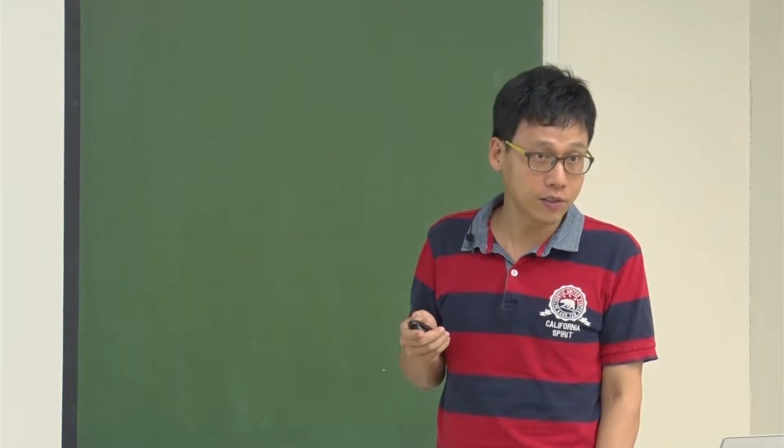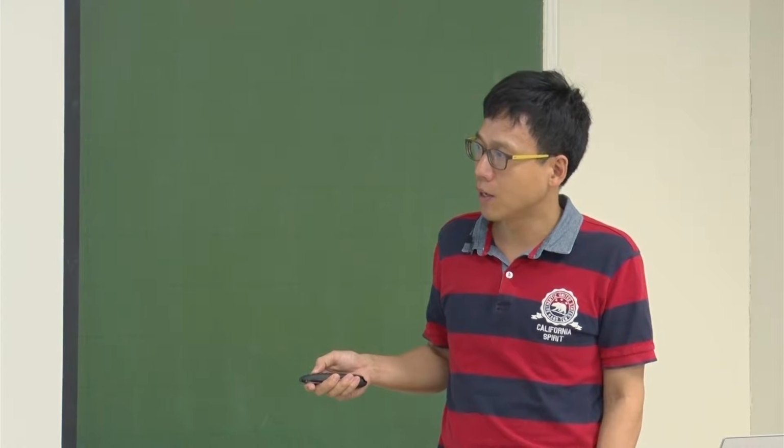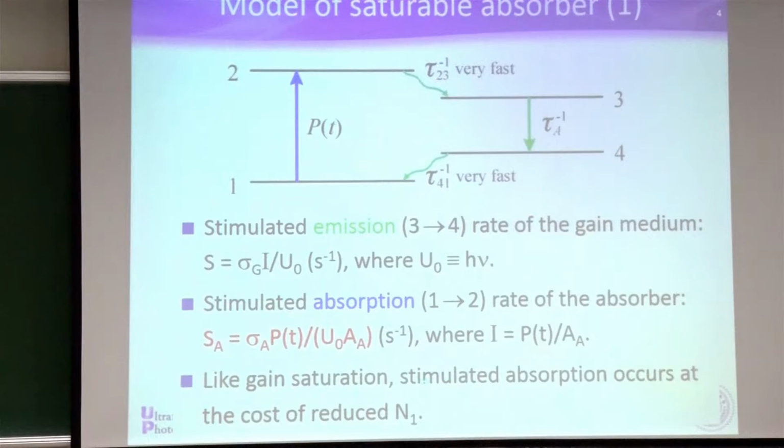Here, things are the same. Whenever you get absorption, you pay the price, because now the number density of the ground state, which is level 1 here, will be smaller. So you will lose some absorption capacity as well. This is something we have known before. Any question?